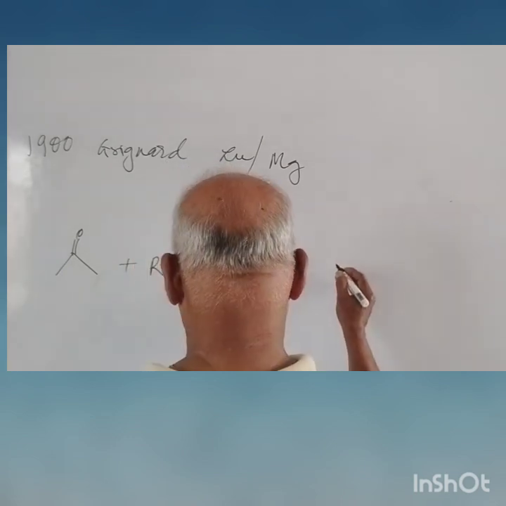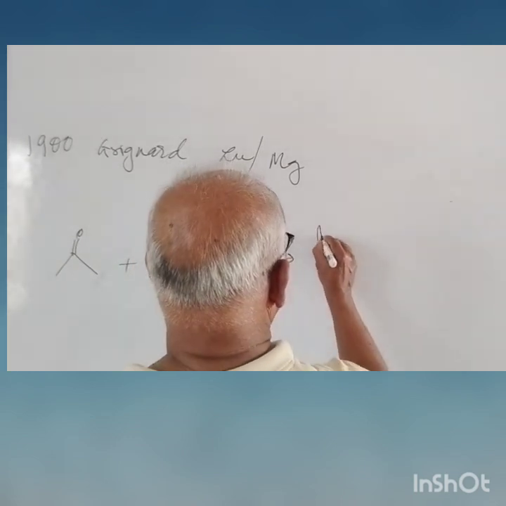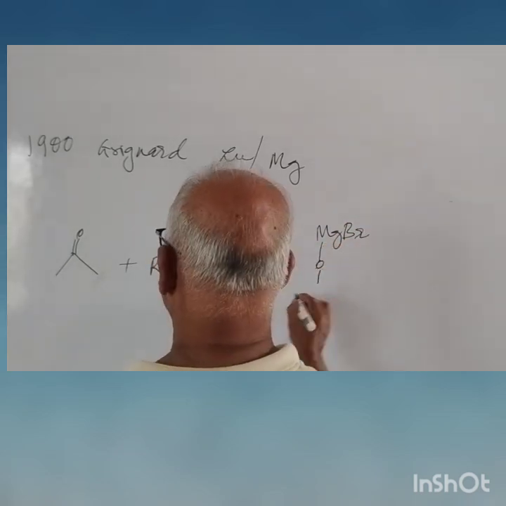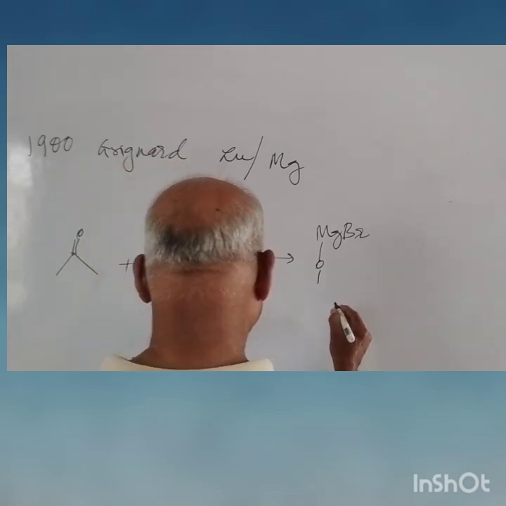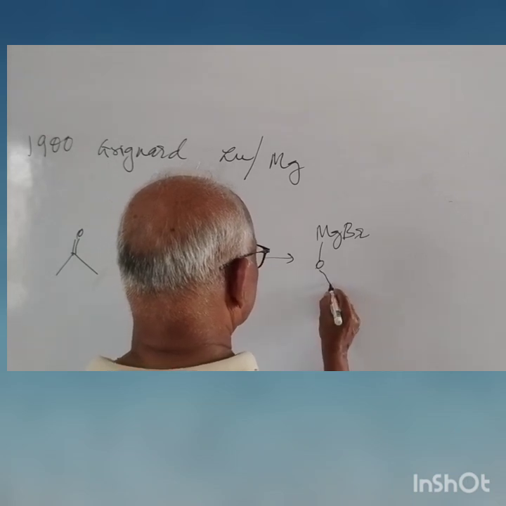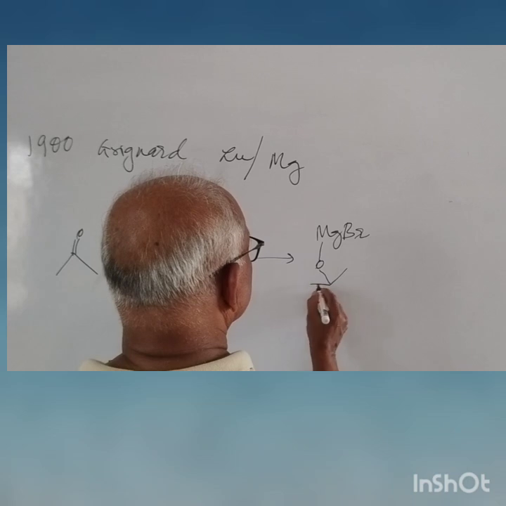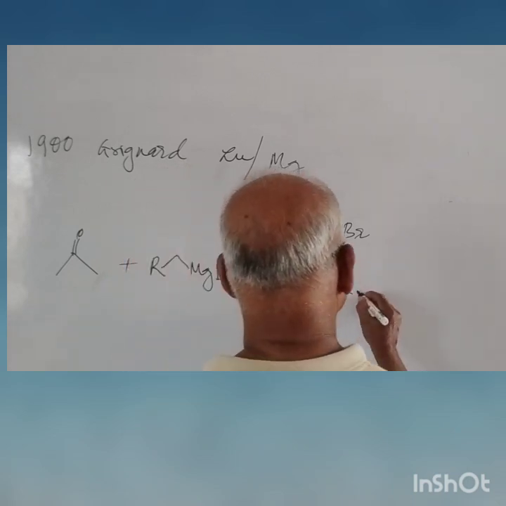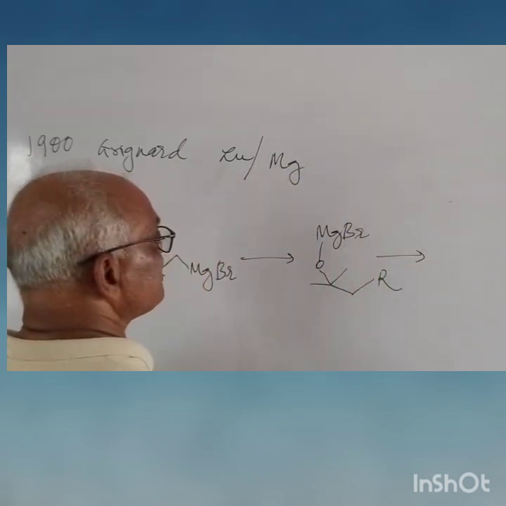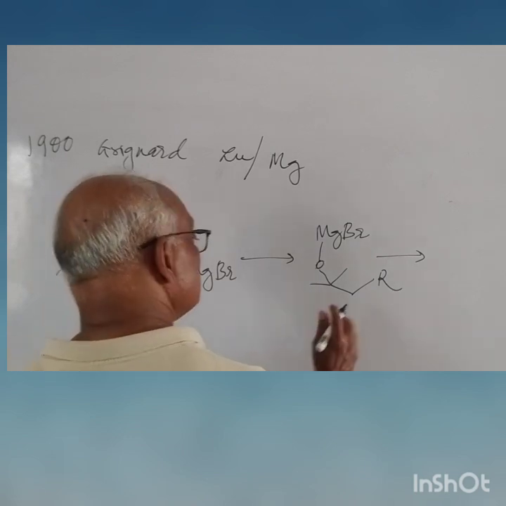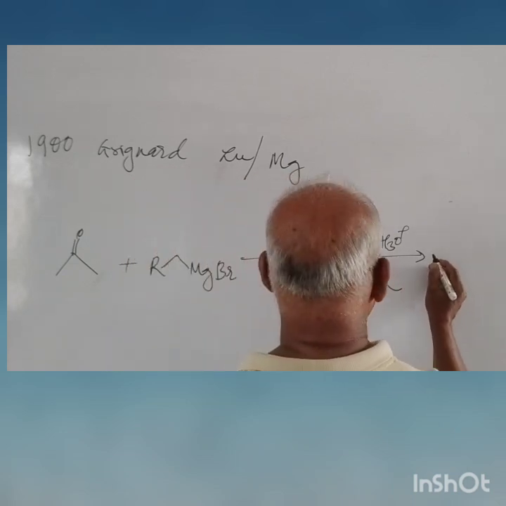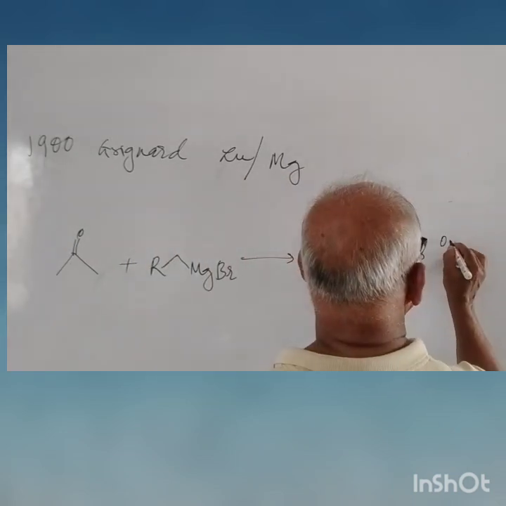Here we obtain the intermediate with MgBr attached to O. After treatment with acid, H3O+, this bond is broken and we get the OH.